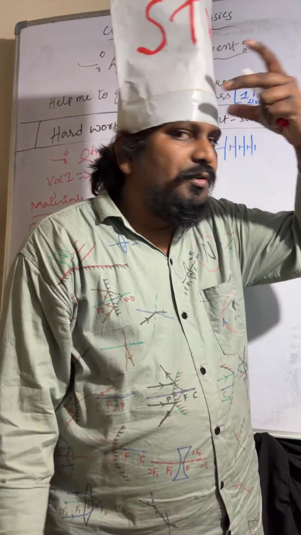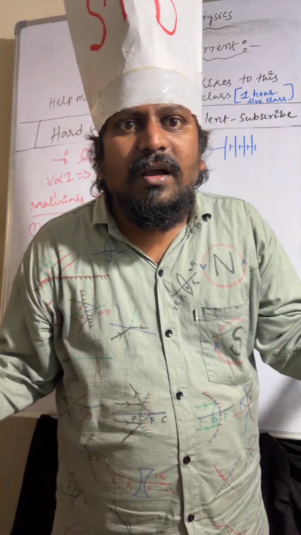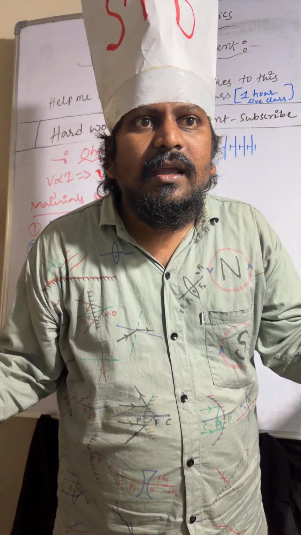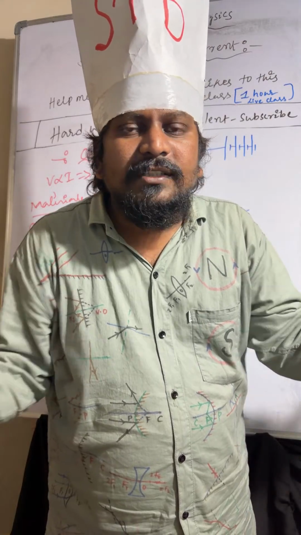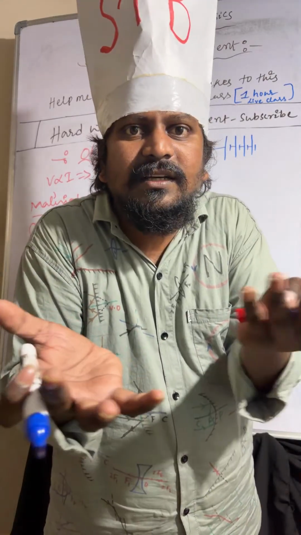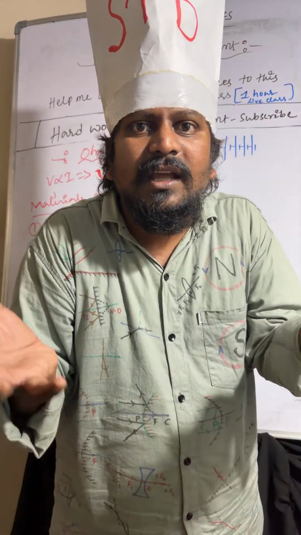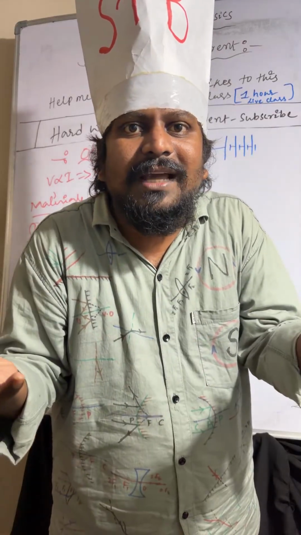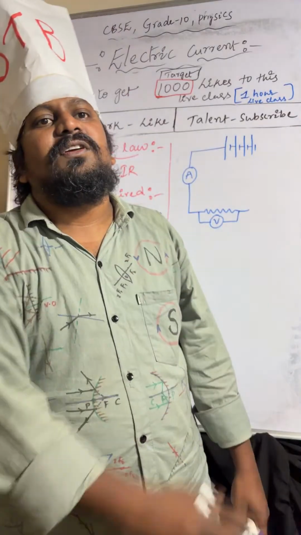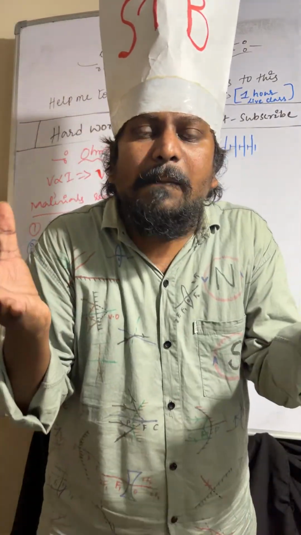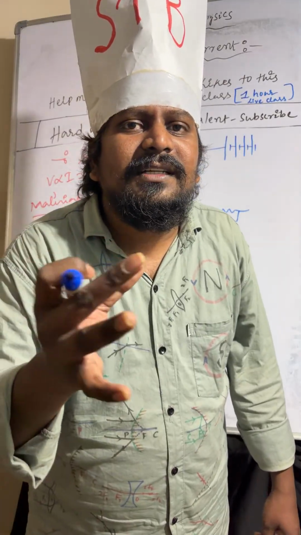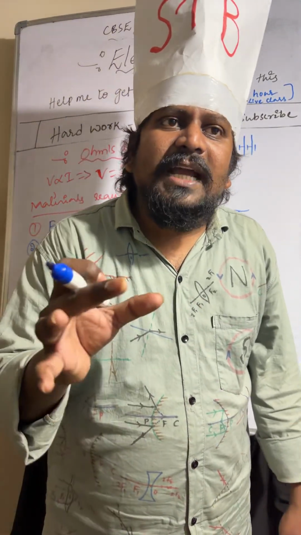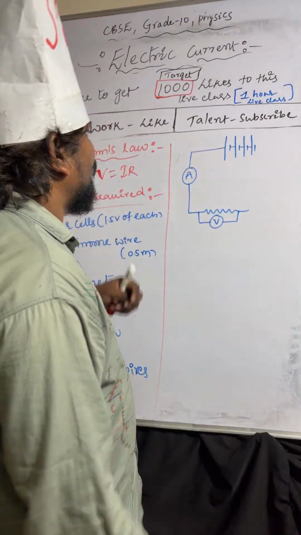Why do we compulsorily connect the voltmeter in parallel combination? Because to measure the potential difference. Why are you connecting the ammeter in series combination? To measure the current. That's why I am connecting here.